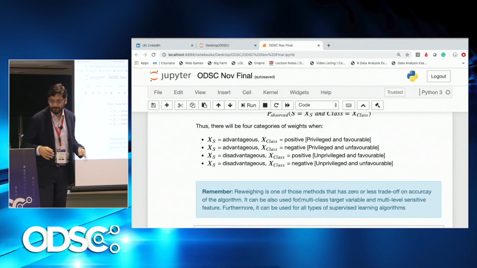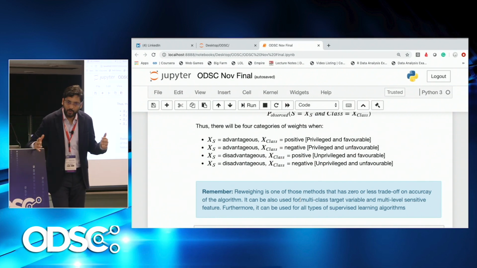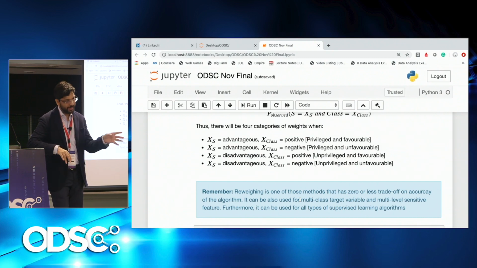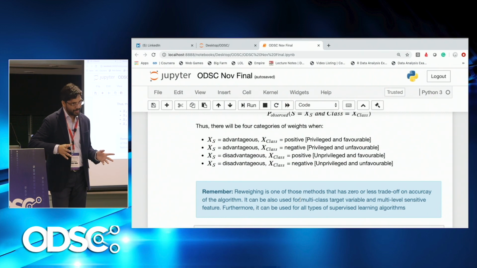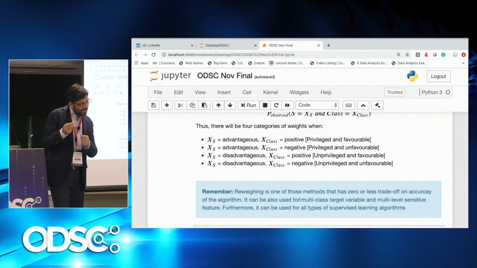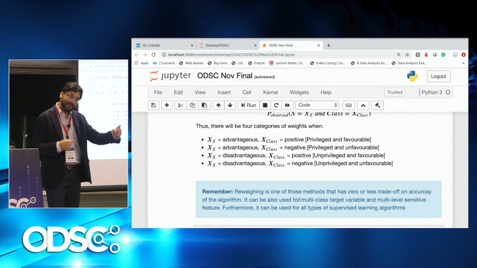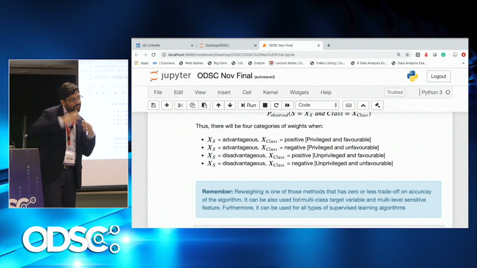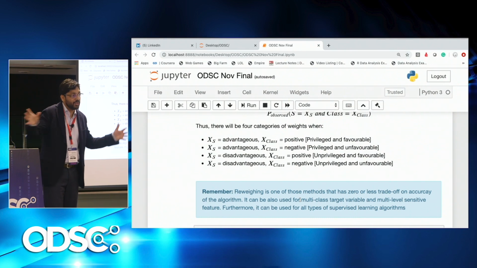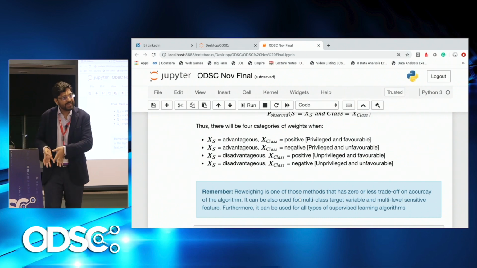Now in this data, if you have more men and fewer women, what would dominate your loss function, male or female? Male. Any error on females would be represented in smaller quantity, but any error on males would inflate your loss function heavily, because there are more males and fewer females.